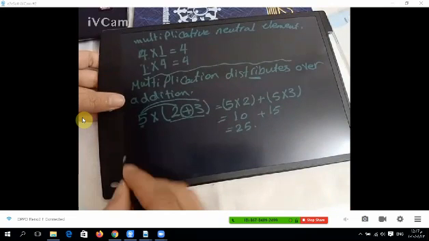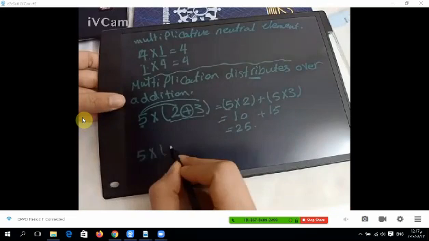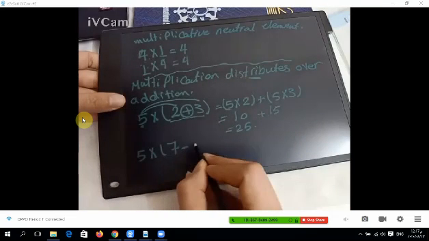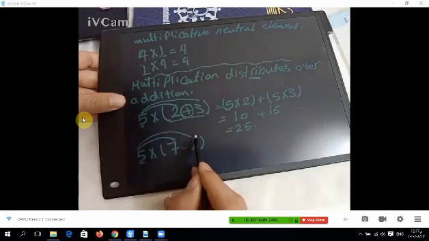Okay, can we distribute the multiplication over the subtraction also? Yes. If we have here 5 times 7 minus 2, can I distribute in this? Yep. How can I do it? I will distribute the multiplication over the bracket. So the 5 I will multiply by 7, then I will multiply it by 2, but I will concentrate on the sign.